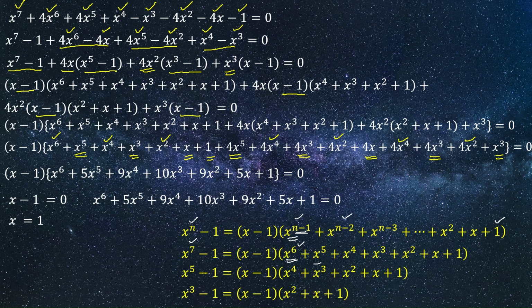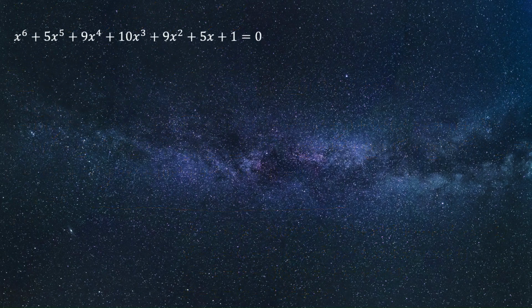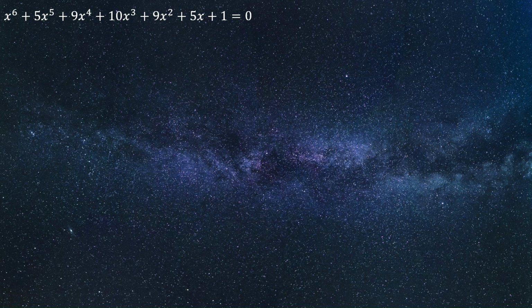The second factor, x^6 and so on, is a reciprocal equation with even power. Now we can easily solve it. The maximum power of this equation is 6 and half of 6 is 3. We shall divide this equation by x^3.